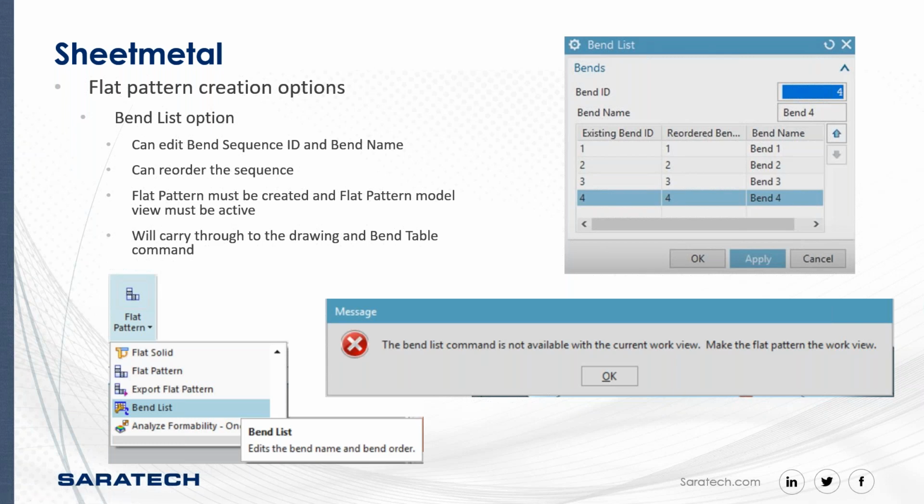A flat pattern model must be in the active view. So as I create my flat pattern, you're going to see an error message pop up saying the flat pattern is in view such and such now. And I'll show you how that is in our demo. And this will carry through to the drawing and the bend table command. So you can see under flat pattern, this is where our bend list is, right under flat pattern.